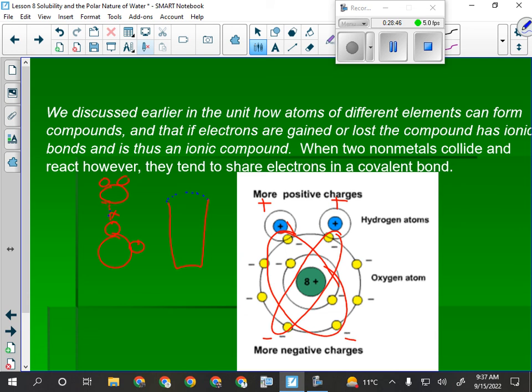But those droplets will actually stick to the glass until they get so big that the hydrogen bonds are no longer strong enough to stick them to the glass, and then they'll run down the side. Those are all places where in your life you've seen evidence of water being a polar molecule, and these hydrogen bonds forming as a result.